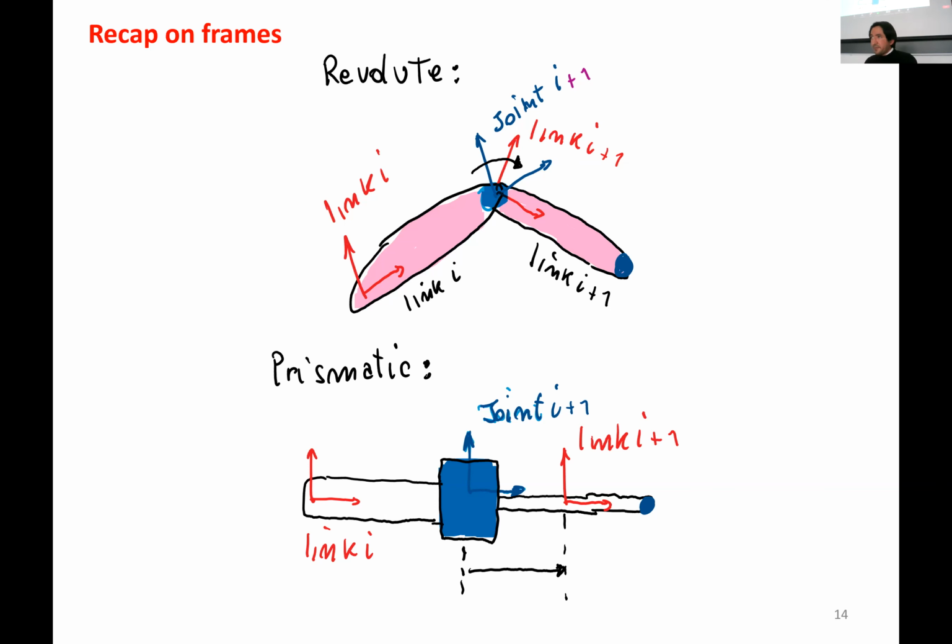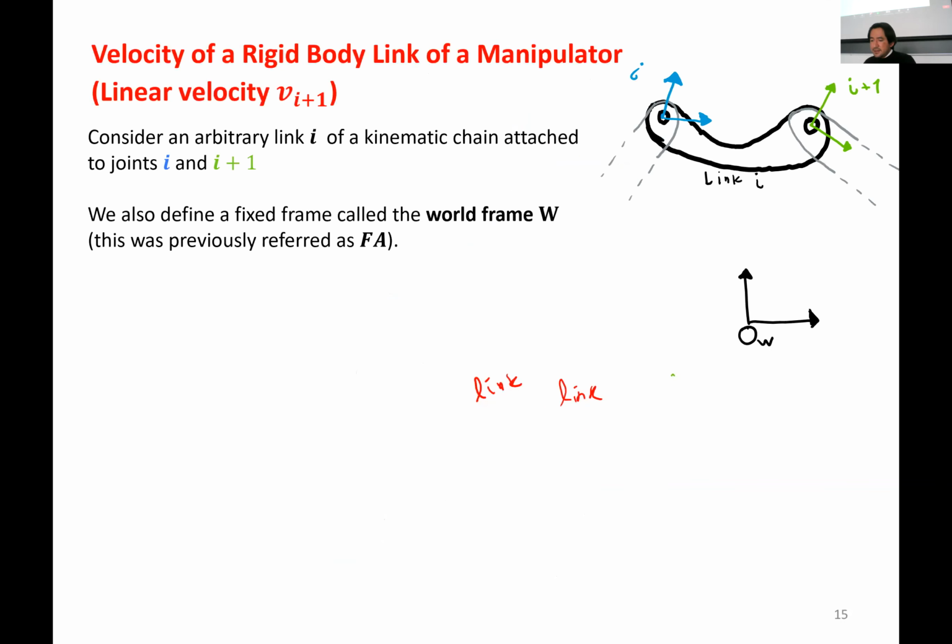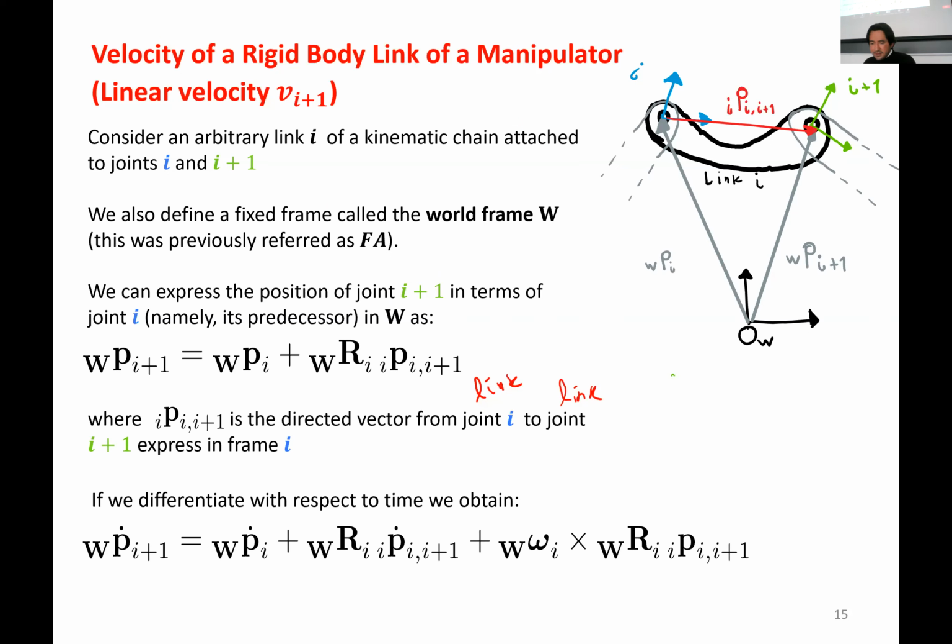You want to obtain link I plus one. Yes. No, because we're just talking about relationships between links. So it's from one link to another link.